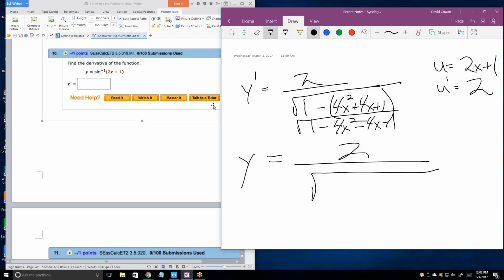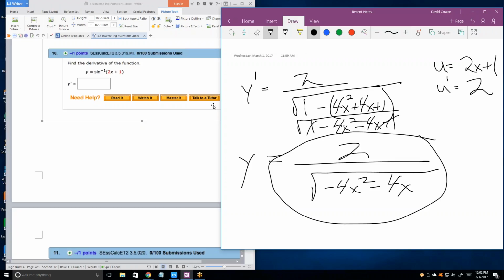Now, that can be simplified. What does that simplify to? Certainly the 1 minus 1 goes away. So it becomes minus 4x squared minus 4x. And that could be an answer.